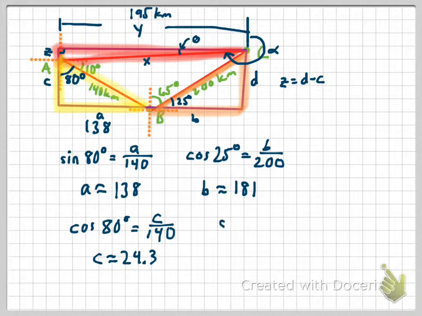The sine of 25 degrees equals D over 200. Then D is approximately 84.5.